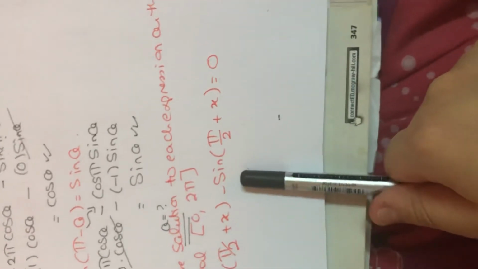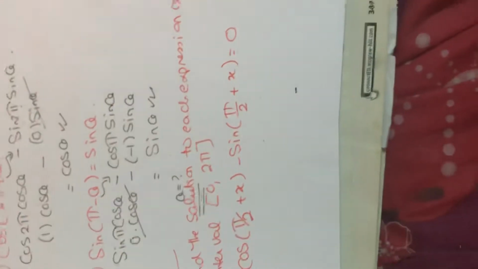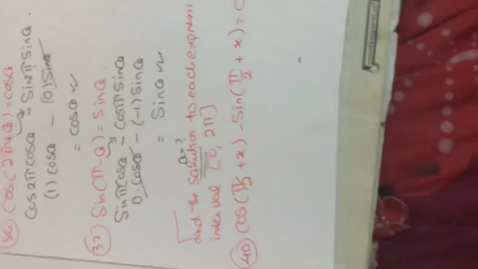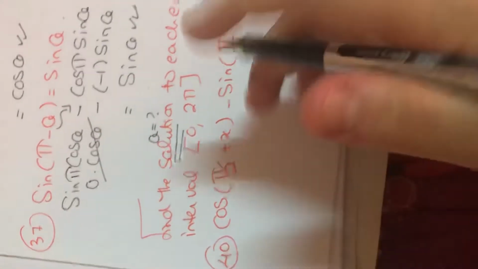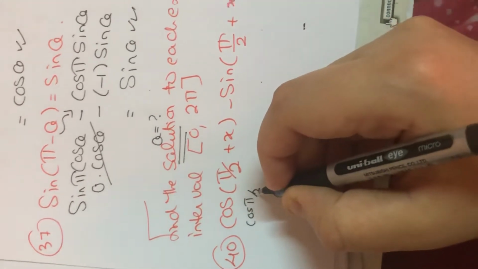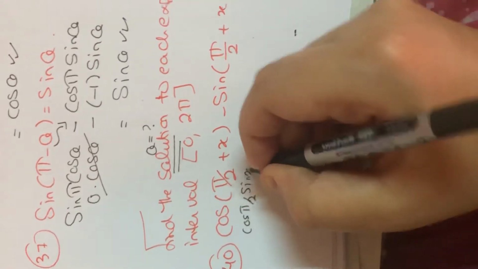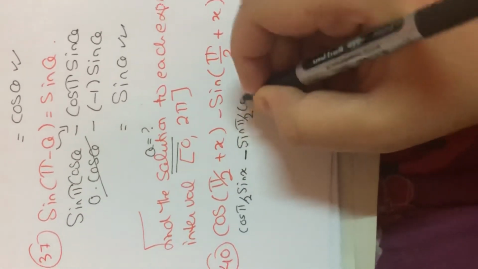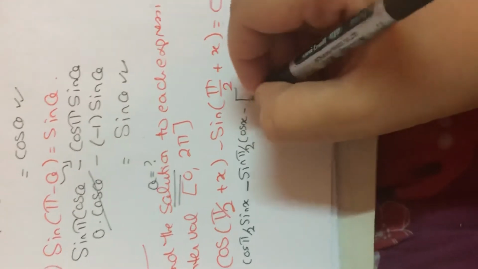You have to be very careful with it. And they're setting it equal to 0. When is this equation equal to 0? First cosine, we do cosine pi over 2 sine x, and then the opposite sign, sine pi over 2 cosine x minus open bracket.